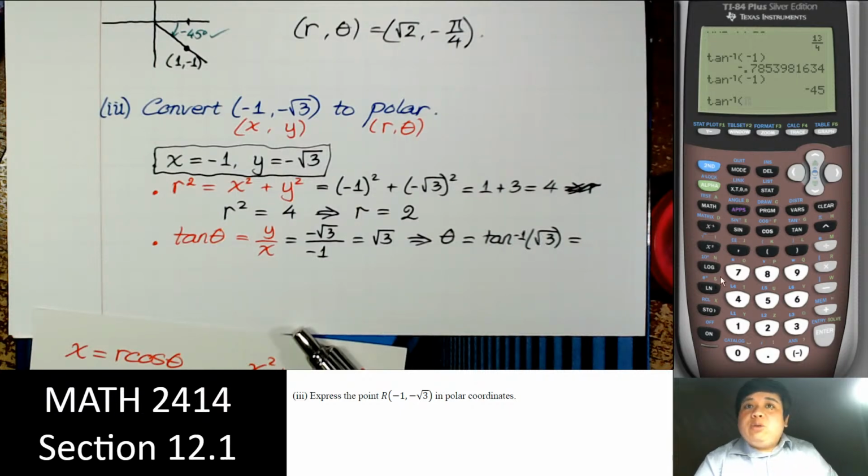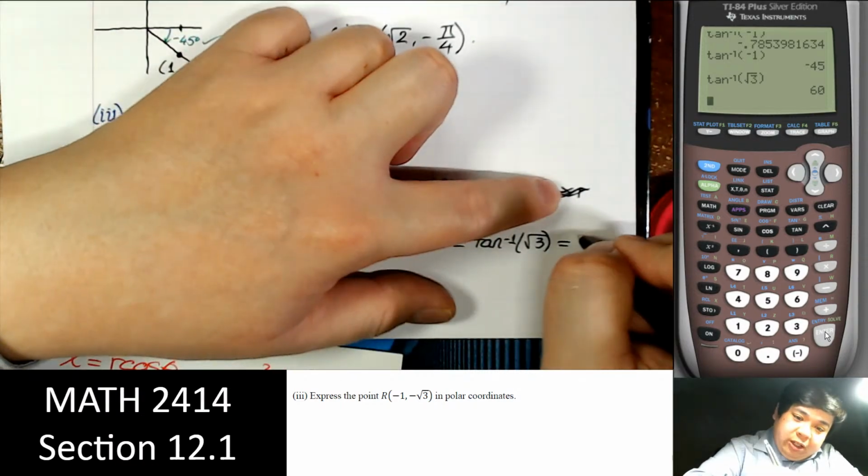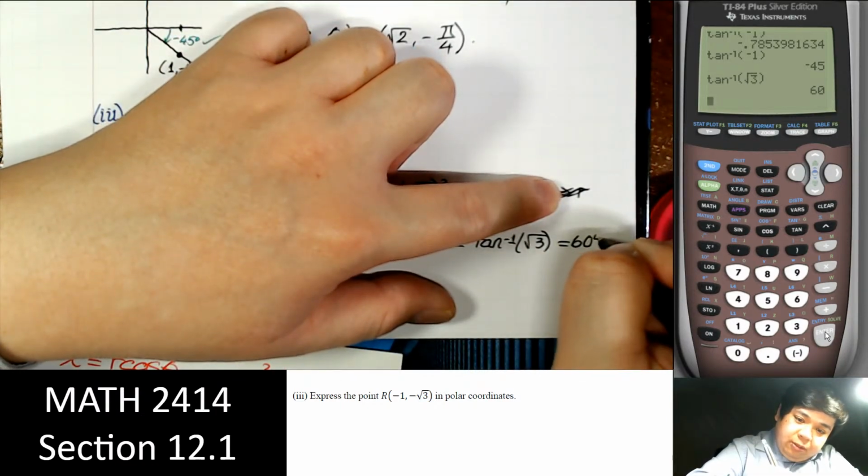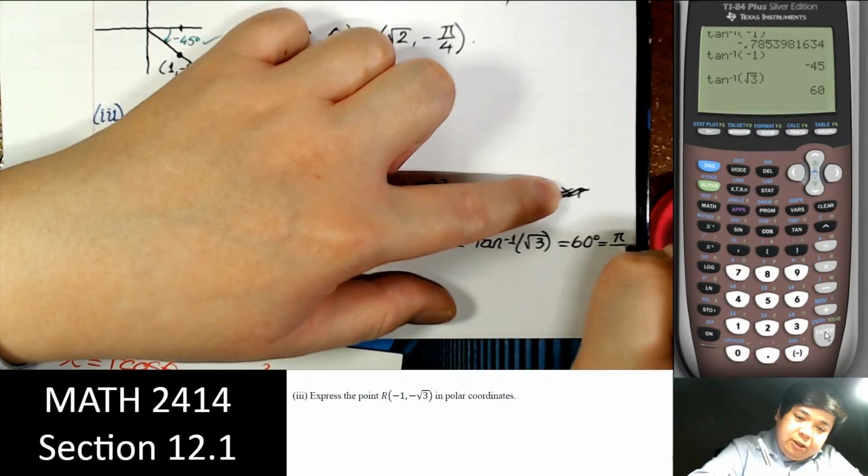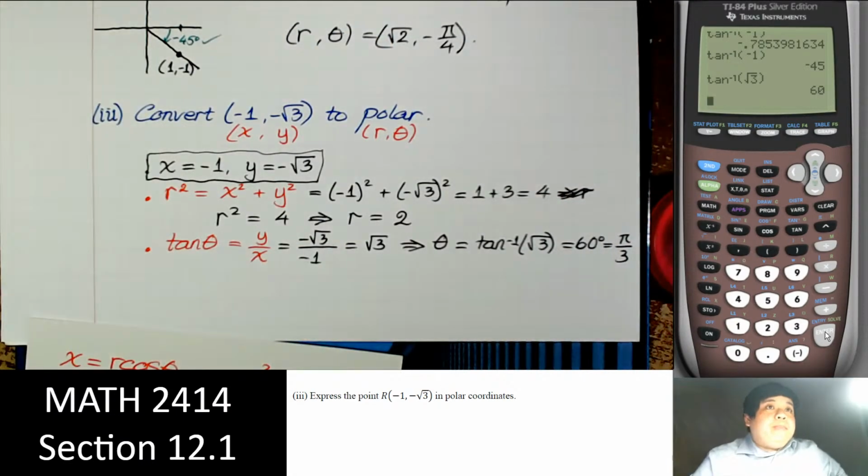Tangent inverse of square root of 3 is 60 degrees, which is pi over 3. Right. It's not good though.